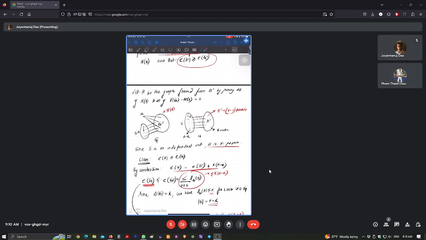So the number of edges in G is less than or equal to the edges in G prime plus the sum of the degrees in S, right? But I know that the maximum degree is k and the number of vertices in S is n minus k, so this summation is less than or equal to k times (n minus k).